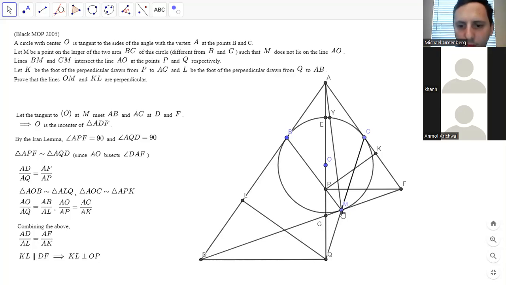And once we know APQG is harmonic, we have to show that LK is parallel to DF. We compute AL over AK, I'm guessing you mean. And I'm guessing maybe you're using that this cross ratio is 1.